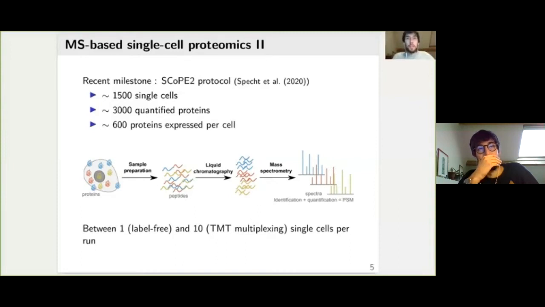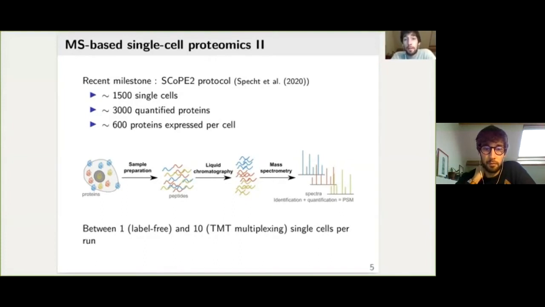Here is a general overview of how mass spectrometry works. First, the proteins from isolated cells are extracted and digested into peptides. The peptides are then separated by liquid chromatography based on their chemical properties. The separated peptides are then analyzed by a mass spectrometer that generates mass fingerprints, called spectra.